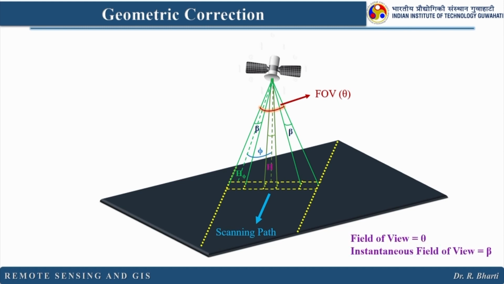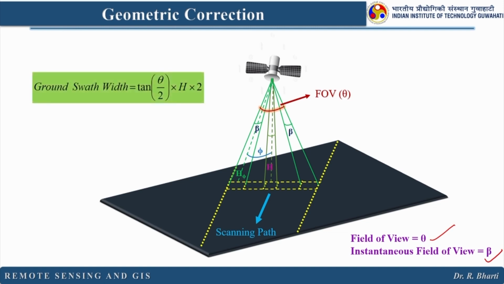So, here you can see the field of view we have defined with theta, and IFOV we have defined with beta. If you want to calculate the ground swath width, you have to use this particular equation, 2 tan(theta/2) into H, and everything is known. H is basically the altitude of the satellite.